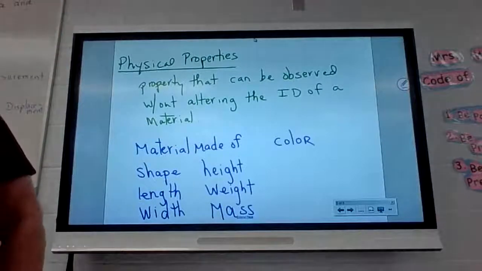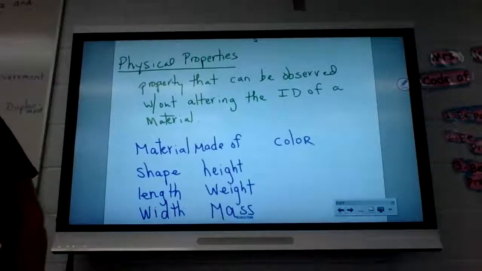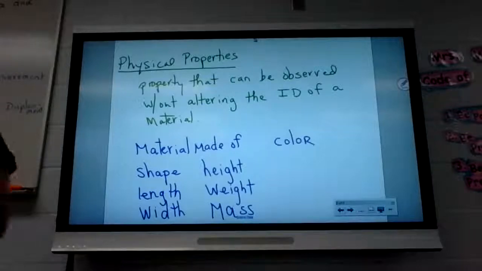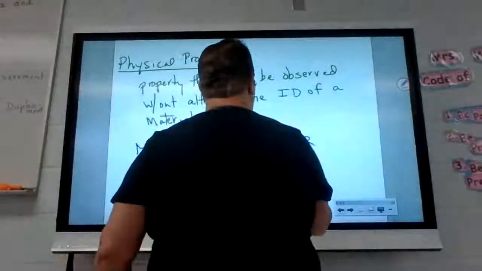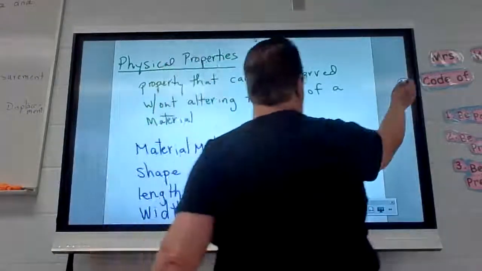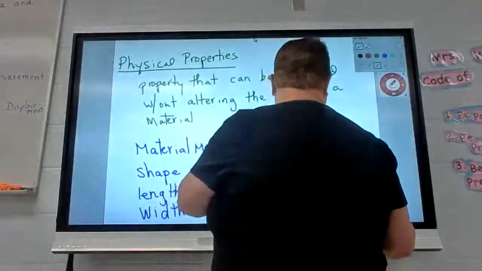All right, what else? How does it feel? Okay, that's called texture. All right, I'm not going to sit here and watch you people struggle, but we should be able to do better than this.